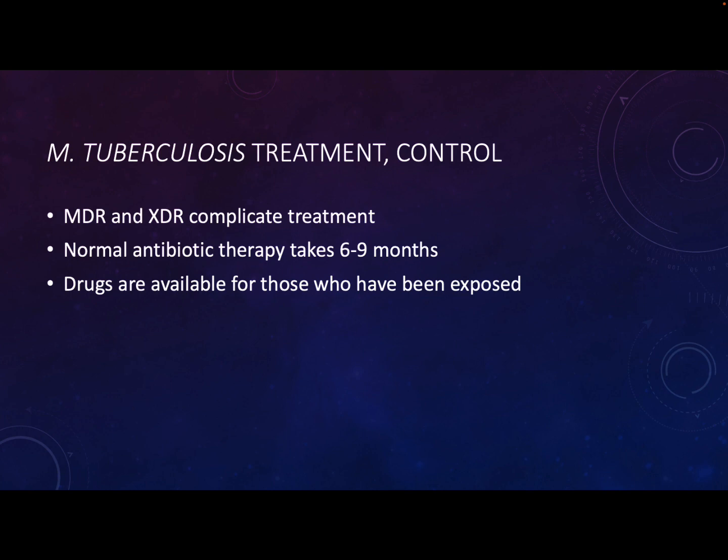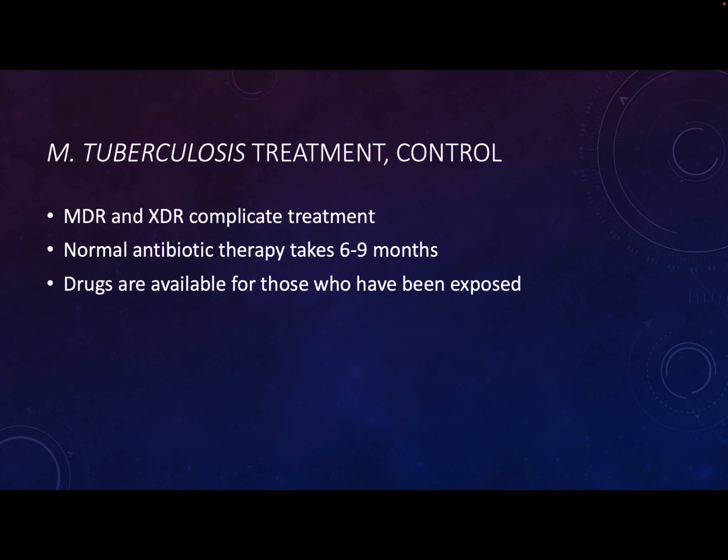Part of the reason that we see a lot of drug resistance is because patients don't comply with antibiotic therapy as prescribed, because a normal course of antibiotics for someone who is otherwise healthy and does not have a complication of an extremely drug-resistant infection is 6 to 9 months. So you need a patient to take their antibiotics every single day at the appropriate time for 6 to 9 months.